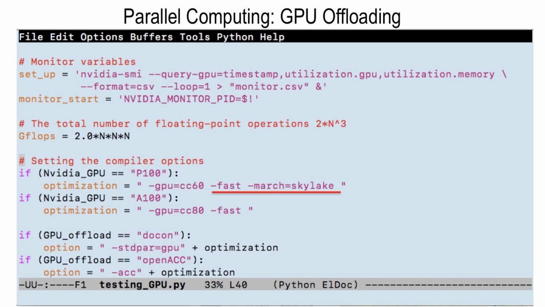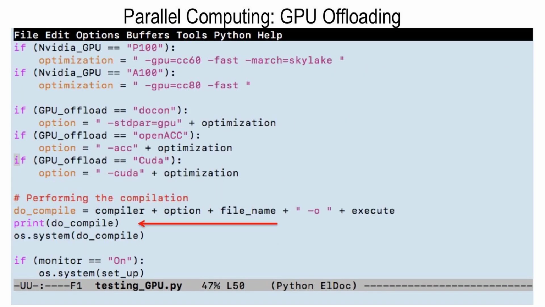Additionally, the march option, affecting only the CPU, specifies it as a Skylake architecture to match our Intel Xeon Gold 6126 CPU. The do compile variable holds the compilation command, which is displayed in the terminal and then executed.